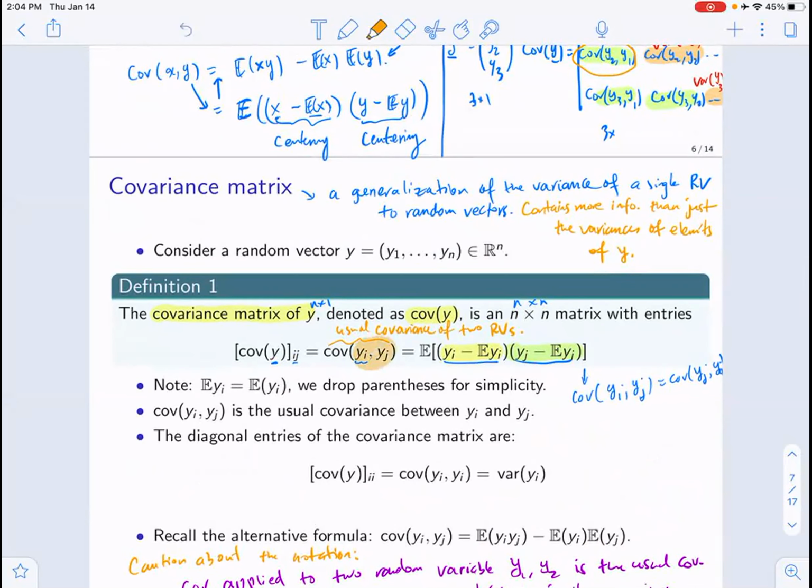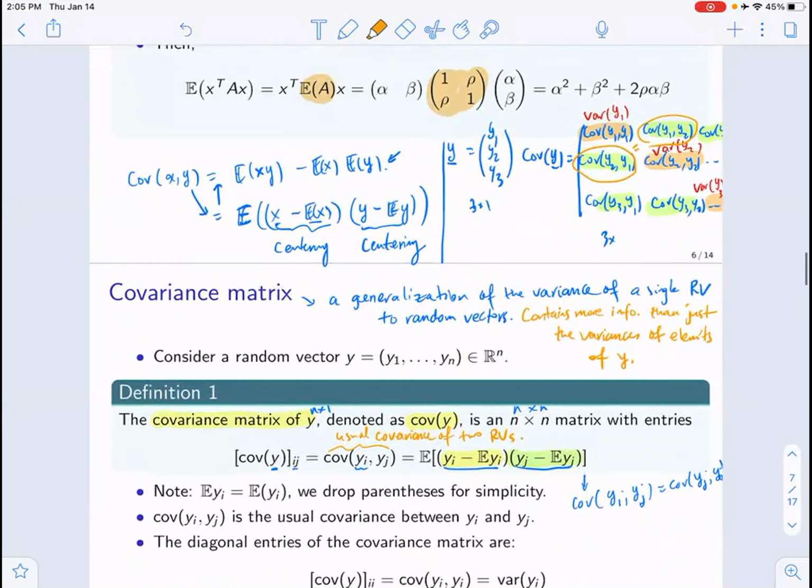And this covariance is a scalar, and we can extend the idea to a random vector, where we have, let's say, n coordinates. So we have these pairwise covariances between a pair of random variables, and we have many of those pairs. And you can arrange them in a matrix like this.